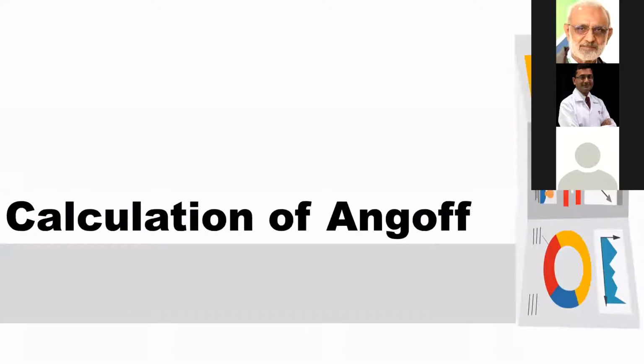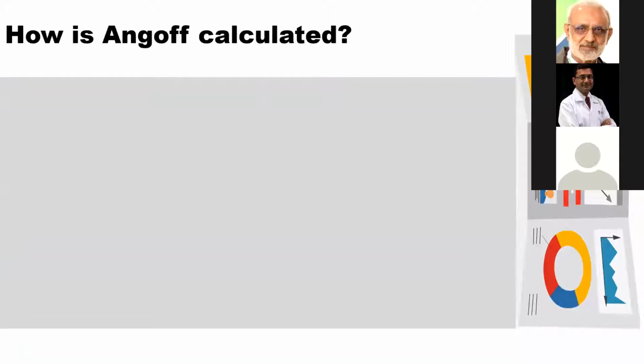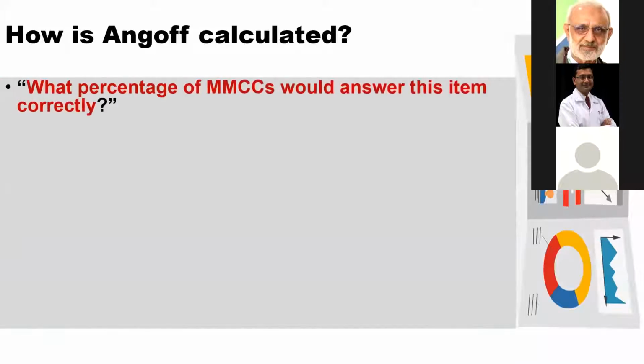So after having decided about the minimal acceptable levels of a borderline candidate, the next step is to calculate the Angoff score. The first question is, what percentage of minimally competent candidates would answer this item correctly?